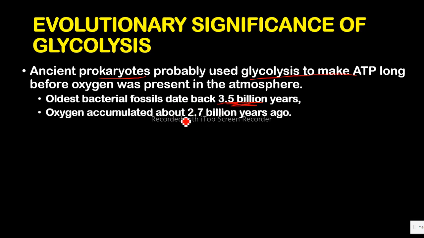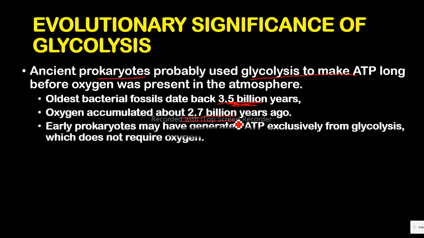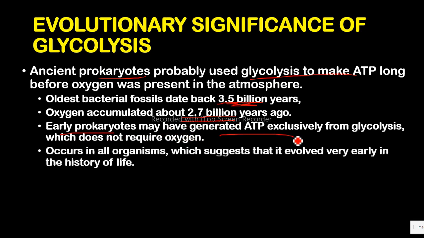So oxygen had accumulated by this time. And so from that, these earlier prokaryotes probably generated ATP exclusively from glycolysis, which does not require oxygen. Then it is universal. It occurs amongst all organisms. Okay?